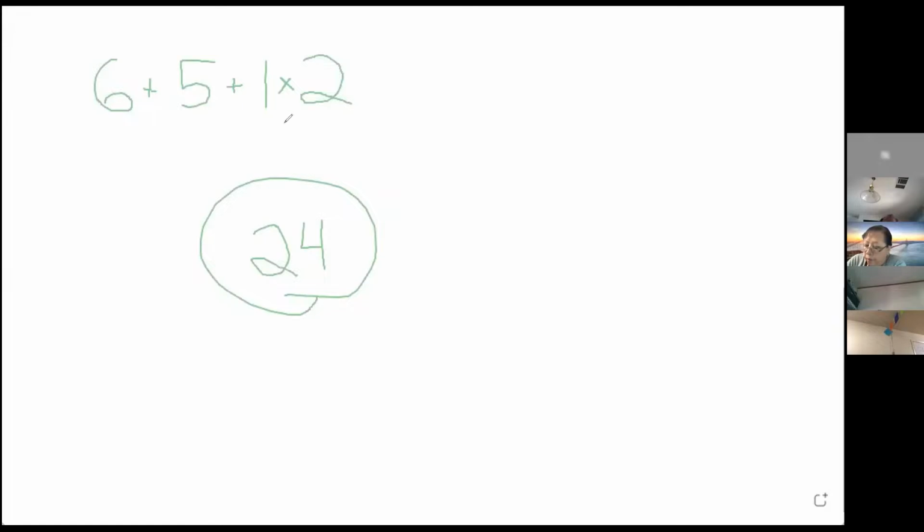So if I left this with no parentheses, this would be done first, so I get a 2, and then plus the 5 plus the 6, which would not get me to 24. So if you want me to add the 6 and 5 and 1 first, I need parentheses around that. Yes, that alleviates the confusion.